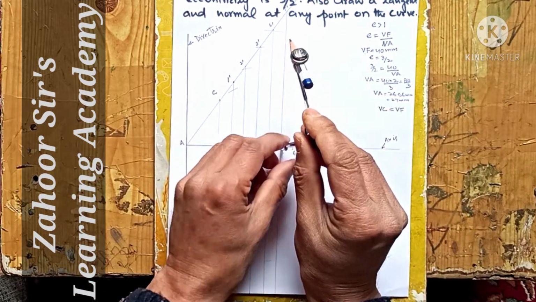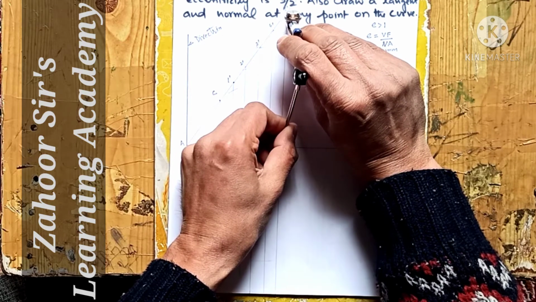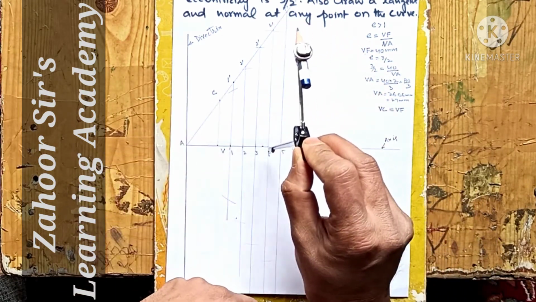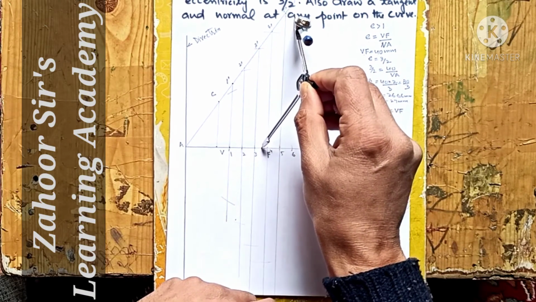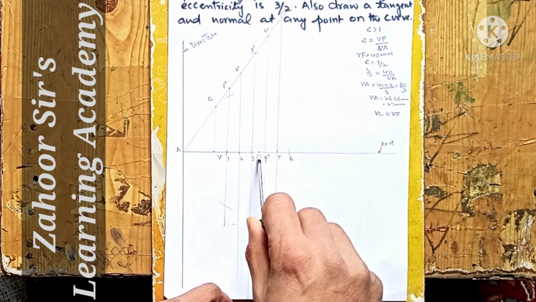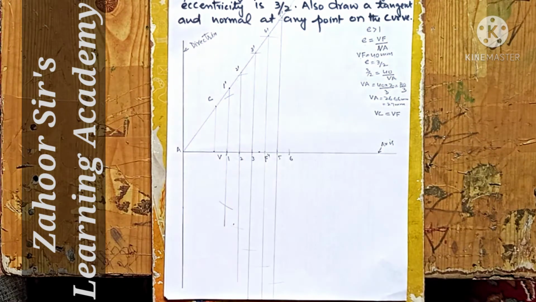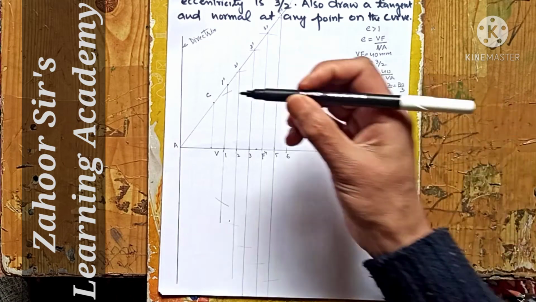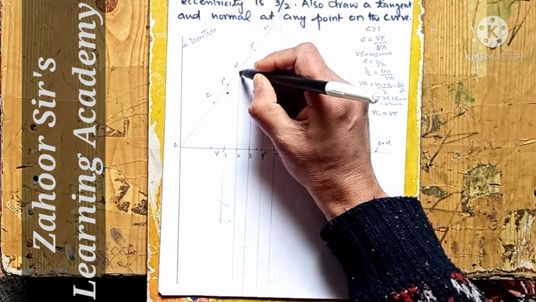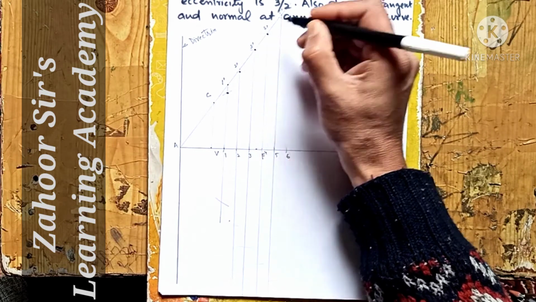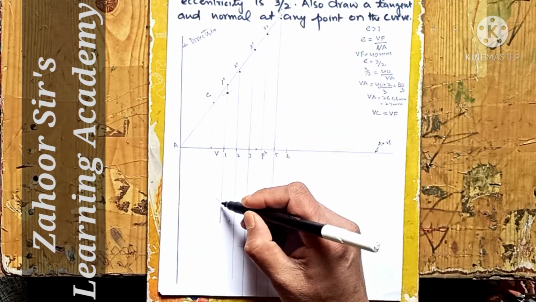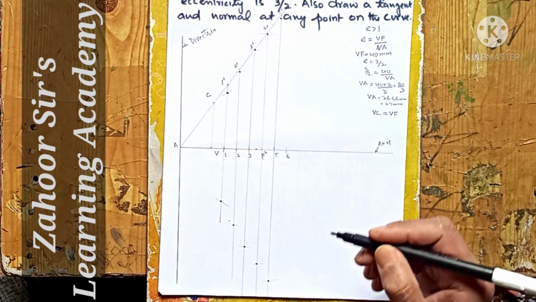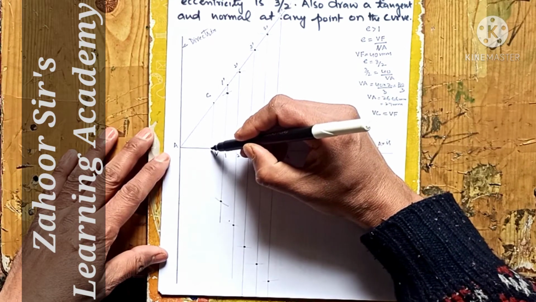Now the fifth and the last one. You can go for as many points as you like. Now F as the center and cutting this line. After cutting these lines, we need to join these intersection points with a freehand curve, along with the vertex.